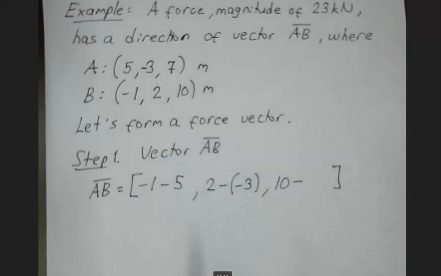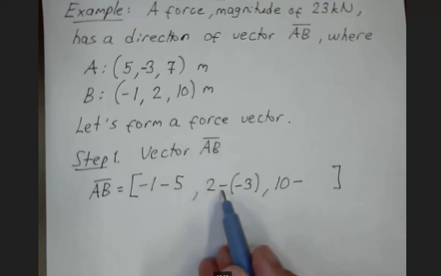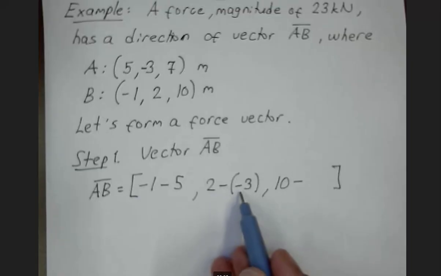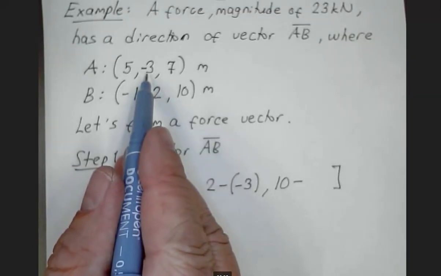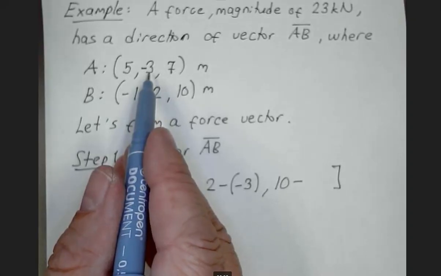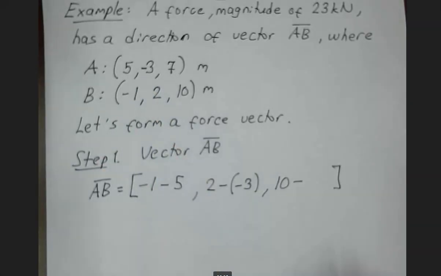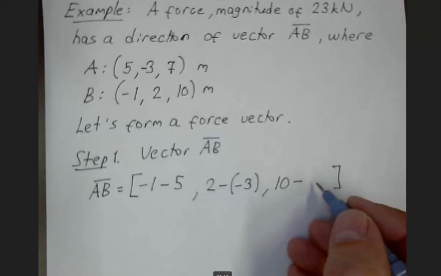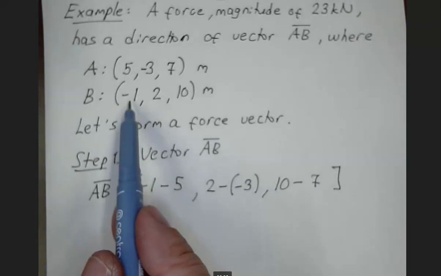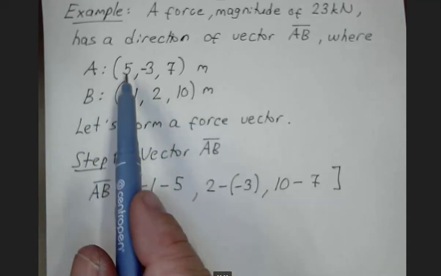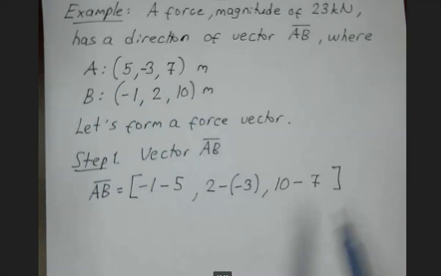This is mostly where students and I make errors in these calculations, when you have negative coordinate values. So we have to remember that we have the minus sign, and then we have this sign, which is the sign of the y coordinate of the point A, and then 10 minus 7. So we just take first the coordinates of B, and then the coordinates of A in that order.